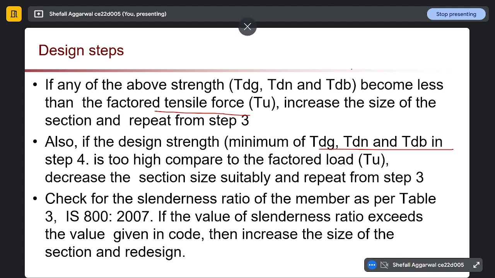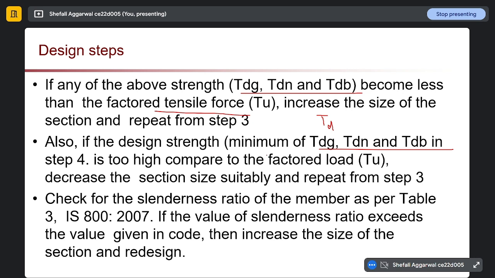So we have two quantities. We have the factored tensile force TU, and then we have the design tensile strength TD. So first thing is all three design strengths should always be greater than the factored tensile force, and if they are less, then we have to increase the section.